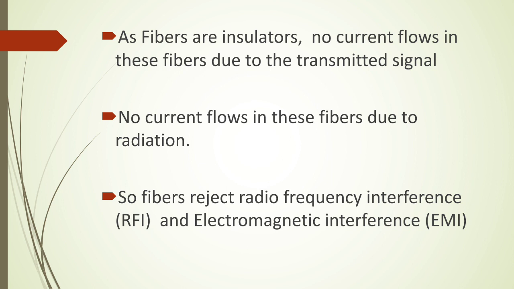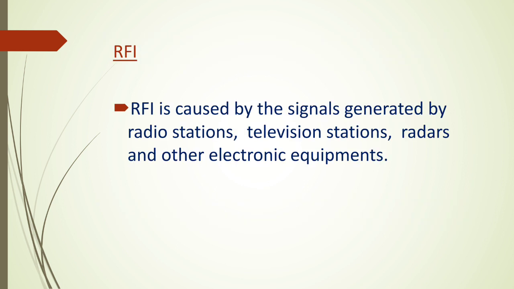So we can say that fibers reject radio frequency interference and electromagnetic interference. Radio frequency interference does not take place in fibers, and electromagnetic interference does not take place in fibers. What is radio frequency interference?